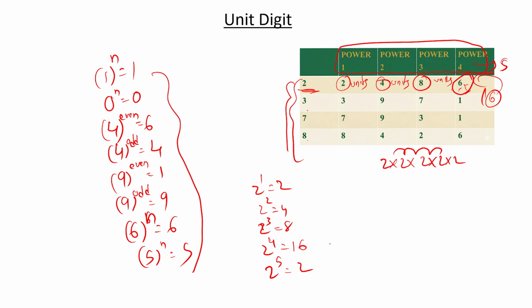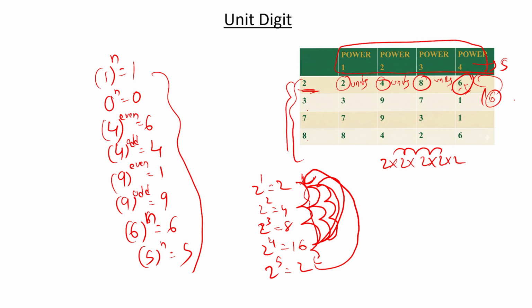As you can see here, up to 4, it's all right. But when it starts from 2 power 5, the cycle repeats. Again it starts from 2 and moves on to 4, 8, 6, and the cycle repeats 2, 4, 8, 6. Just like that, the cycle keeps on repeating for every 4 values.